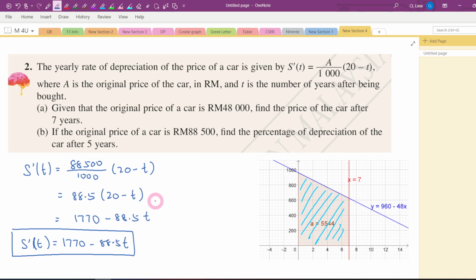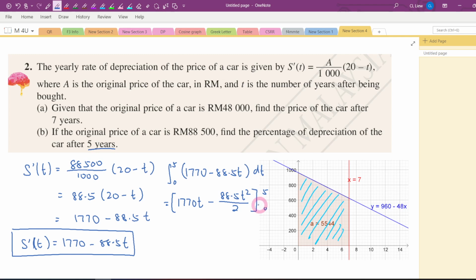Same thing as what we did just now. 0 until 5, because this is after 5 years. 1770 minus 88.5T, and this is dt. Okay, just do the integration. 1770T minus 88.5T squared divided by 2.